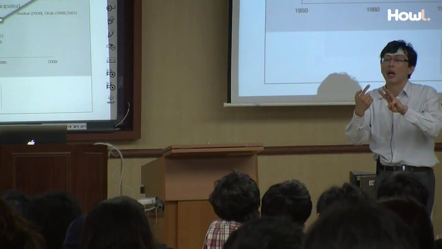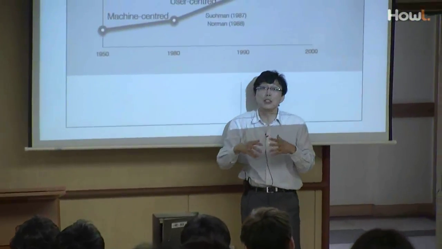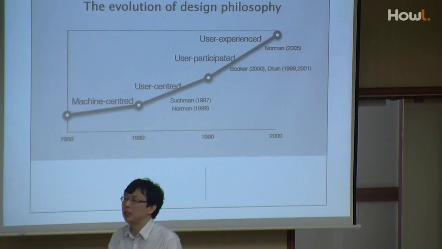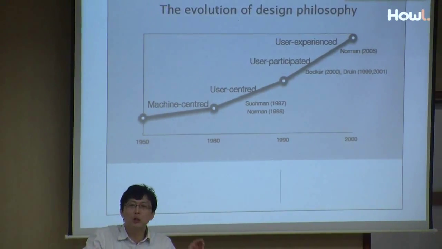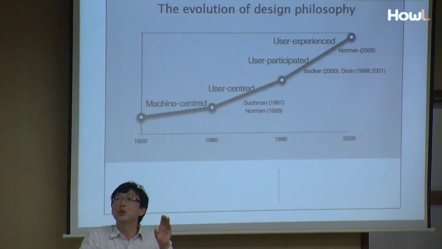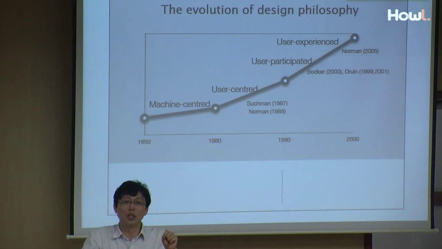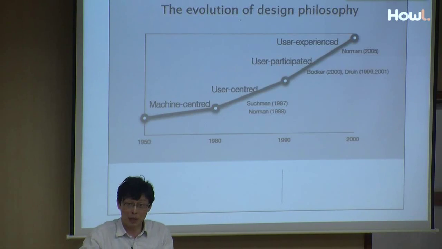Ericsson, Siemens, Nokia proposed a little bit different concept, user participatory design. User-centered design means using cognitive psychology. User participatory design means users are designing. Users join the design team and work together. That is user participatory design.